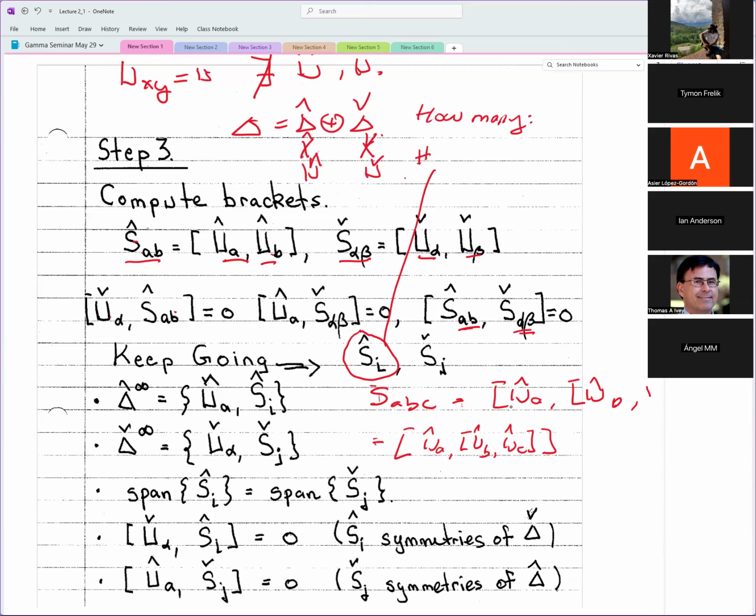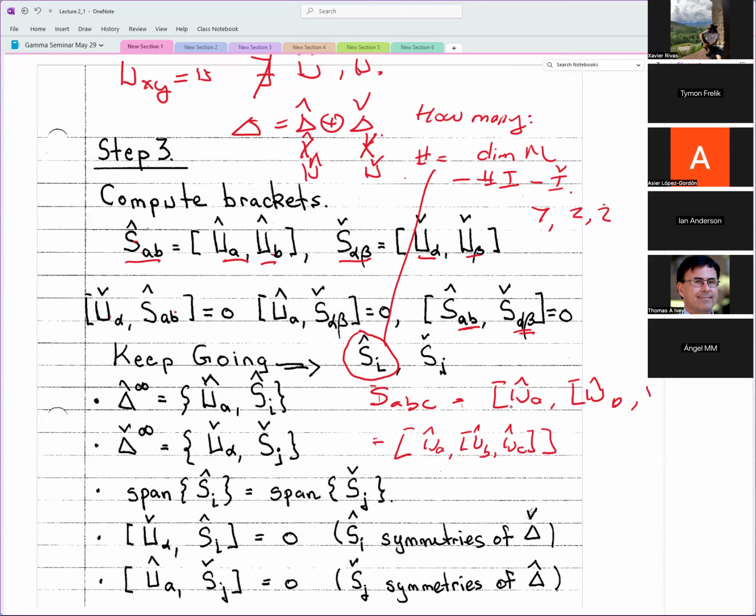The number of these vector fields is equal to the dimension of the manifold I'm on minus the number of I hat invariants, minus the number of I check invariants. So in a classical case of a 7 manifold, where we have 2 I hat invariants and 2 I check invariants, the number of these S's would be 3.